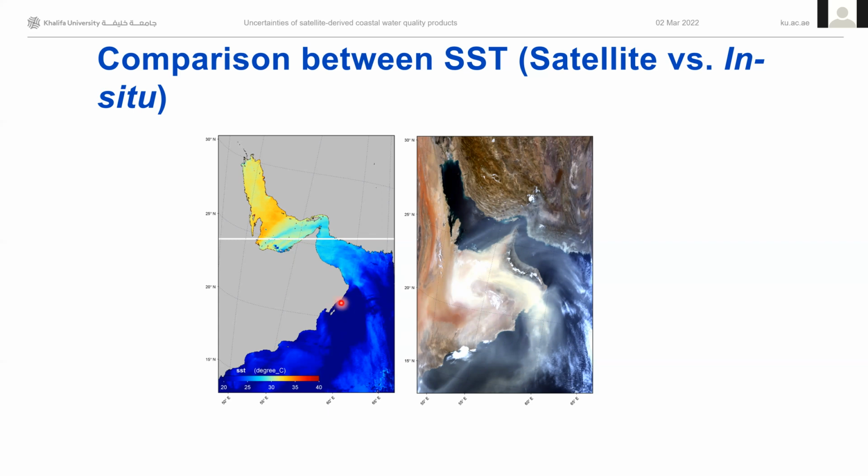So in the corresponding SST image, you can see that at this particular place where there was a high dust concentration, the SST decreased compared to the surrounding region. So was this affected by the dust, and did this cause an error in the estimation of the SST, yes or no?